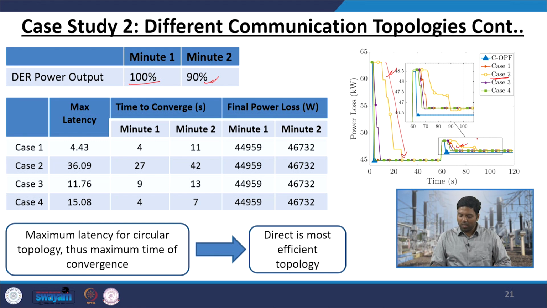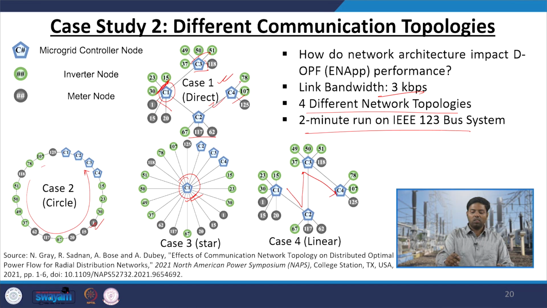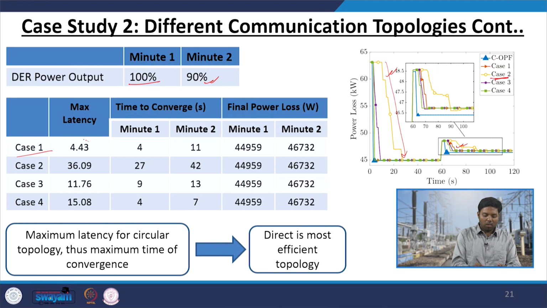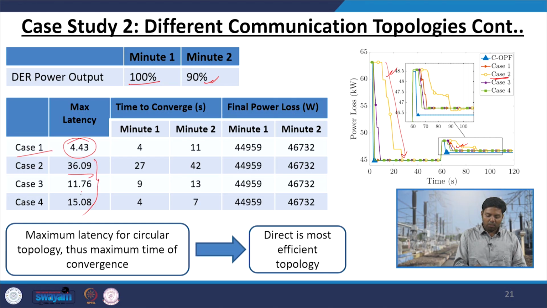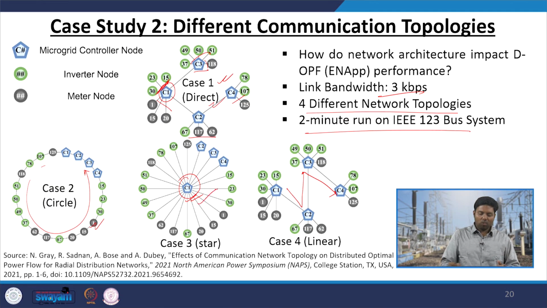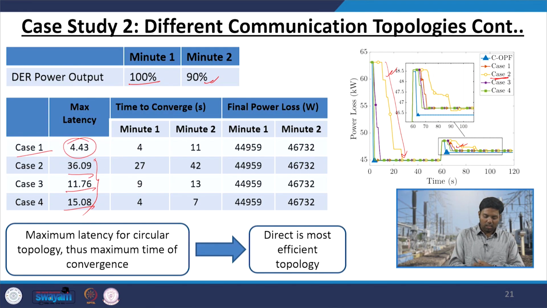Even the same for the second minute, and the fastest one is obviously the first one, that is your direct connection. This one is the best, and you can see the total maximum latency is only 4.43 seconds, and here it is 36.09, 11.76 and 15.08. So, it is increasing. For this it will be second highest, this is third highest, and this is the worst case condition.